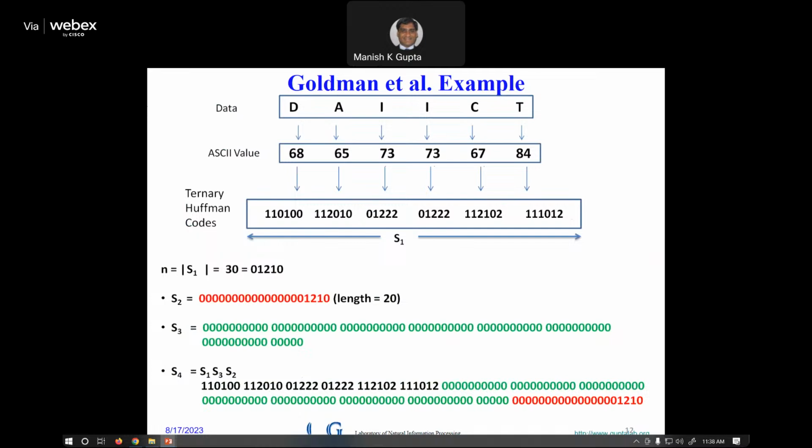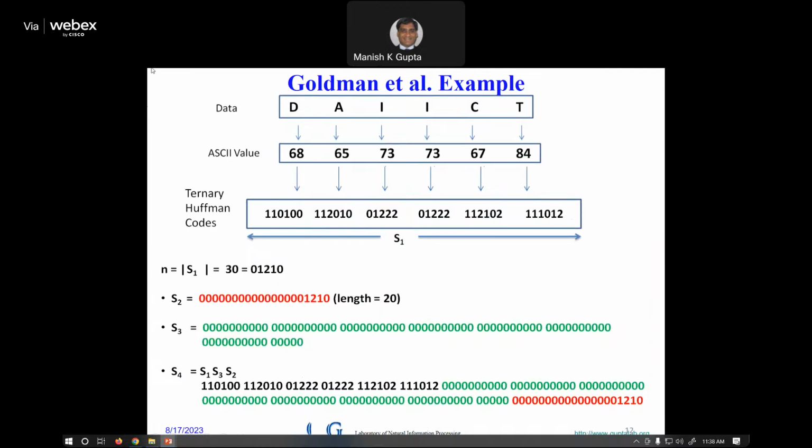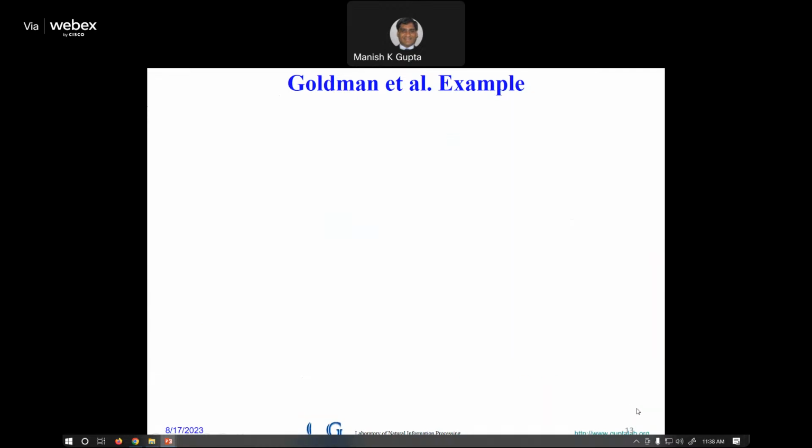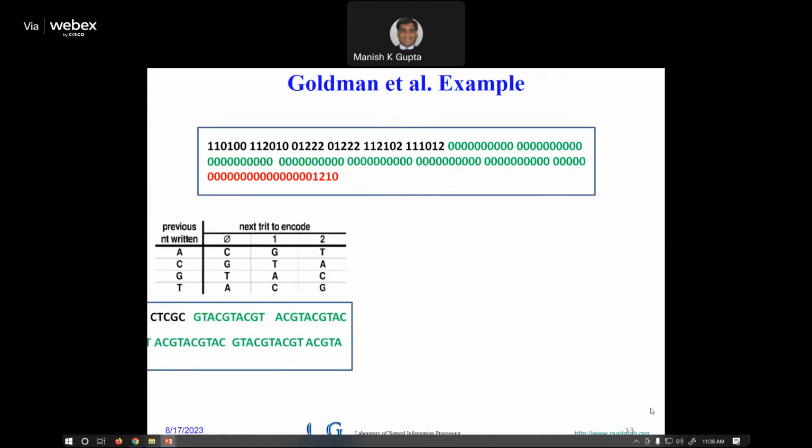Basically, more blocks of zeros are added here, because the chunks are required to be of a certain length, right? So you pad with zeros, and those kinds of things are done. The last one is the total length; this last string encodes the length. So here is the final output.